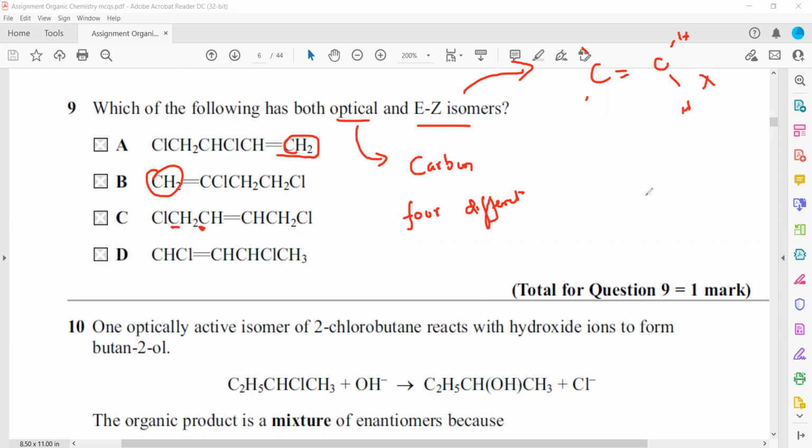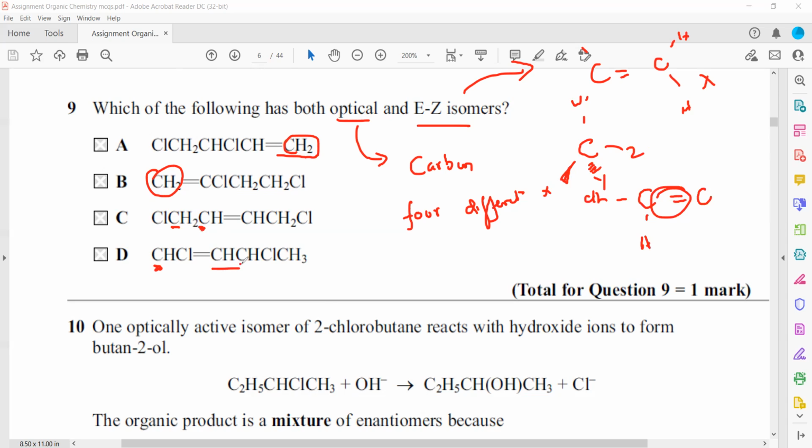But the problem here is that this carbon has a double bond with another carbon. So a double-bonded carbon cannot be chiral as it is already having two bonds here. Because to be a chiral carbon or to show an optical isomer, it should be attached to four different groups like W, X, Y, and Z. So this carbon cannot be.